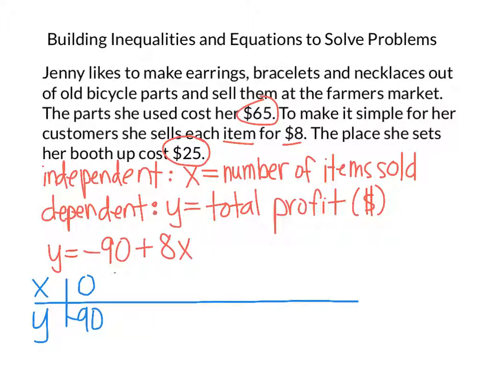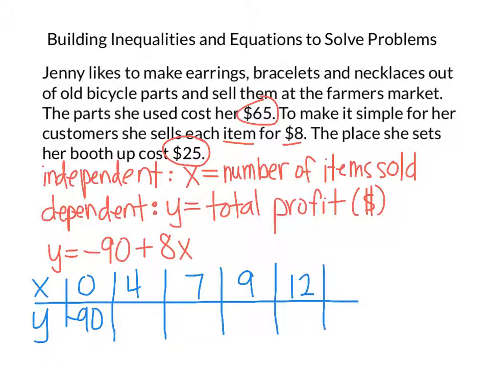But then let's maybe go with 4. What happens with 4 items? How about with 7 items? With 9? Let's go with 12, and how about 15?